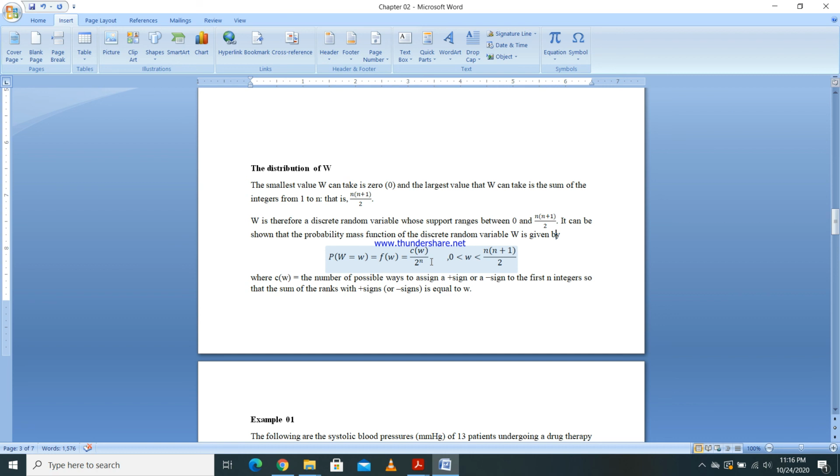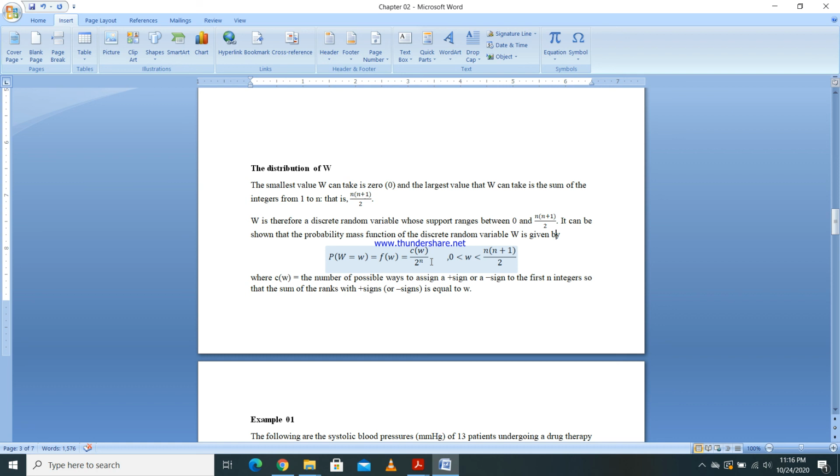Let's say for the first 6 data points you assign positives, and for the last 4 negatives. Or else for the middle 6 you assign positives, and for the first 2 and the last 2 you assign negatives. Then you again have 6 positives and 4 negatives.